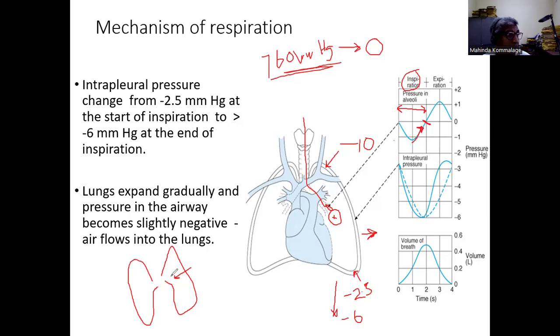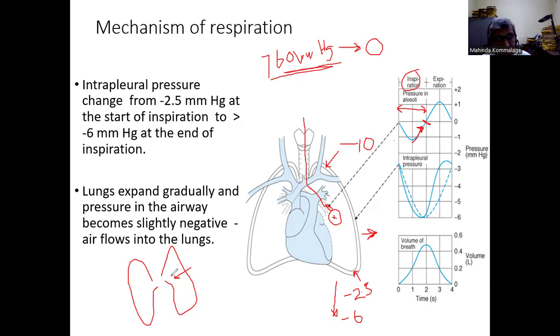A very common use of elastic is in underwear, right? We can expand it using force, but when we remove the force, what will happen to the elastic? Recoil. It will come back to the original position.